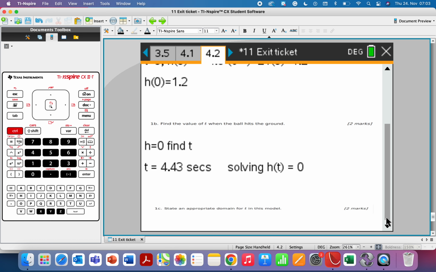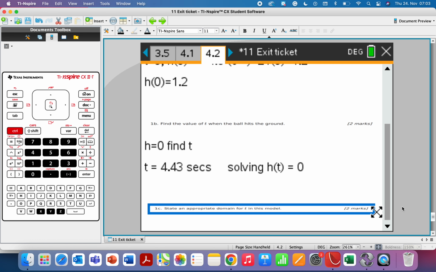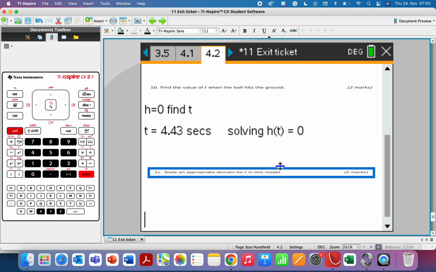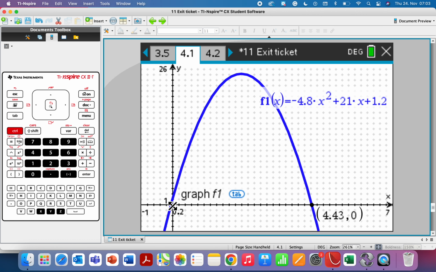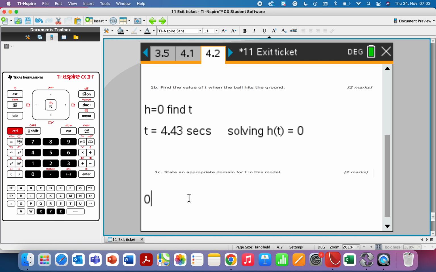And then finally, state an appropriate domain for the model. So the domain for the model, remember, are the x values, and this is quite an easy one. 0 is the lower bound, so 0 on the time, all the way up to 4.43. And if we go and write that down, 0, we need to get the less than or equal to signs.